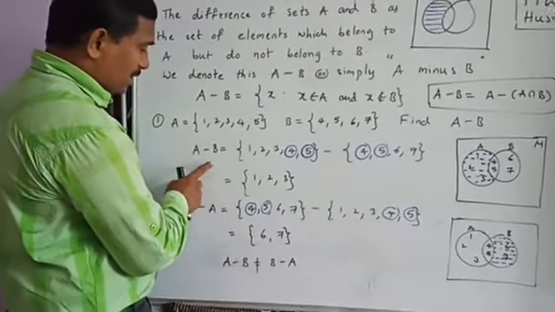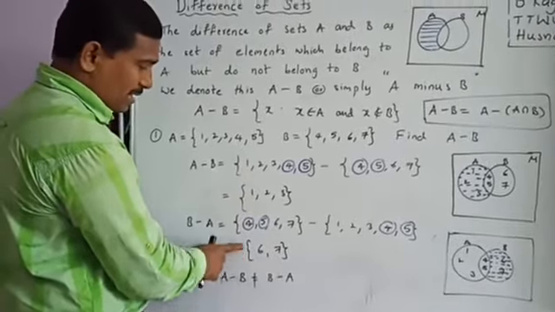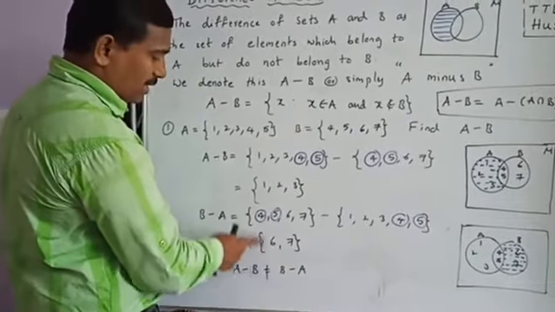Can you see what is the relation between A minus B and B minus A? Are these two sets equal?